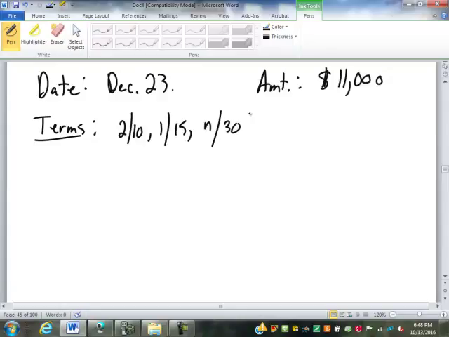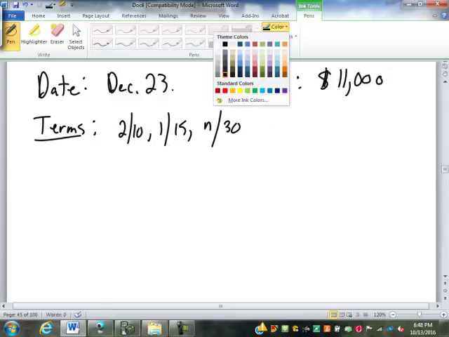What that means is there's a two-tiered cash discount. 2% is in the first 10 days. 1% is if they miss that one, they'll still get another 1% up to the end of the 15-day period. The net is still due in 30 days.